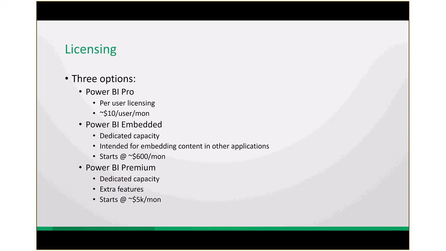But just quickly, in terms of who needs a Pro license, with the current licensing model, anyone that is creating content, publishing content, and now even consuming shared content needs a Power BI Pro license.